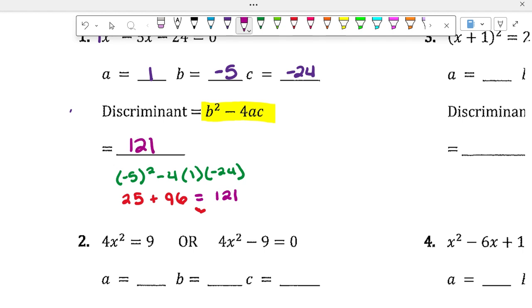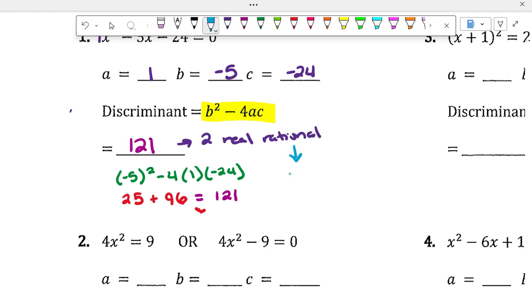So first off, will our solutions be real? Yes or no, based off the discriminant. Yes. How many? 2. So we have 2 real. Now, are they rational or irrational? Rational, because 121 is a perfect square. So we have 2 real rational.